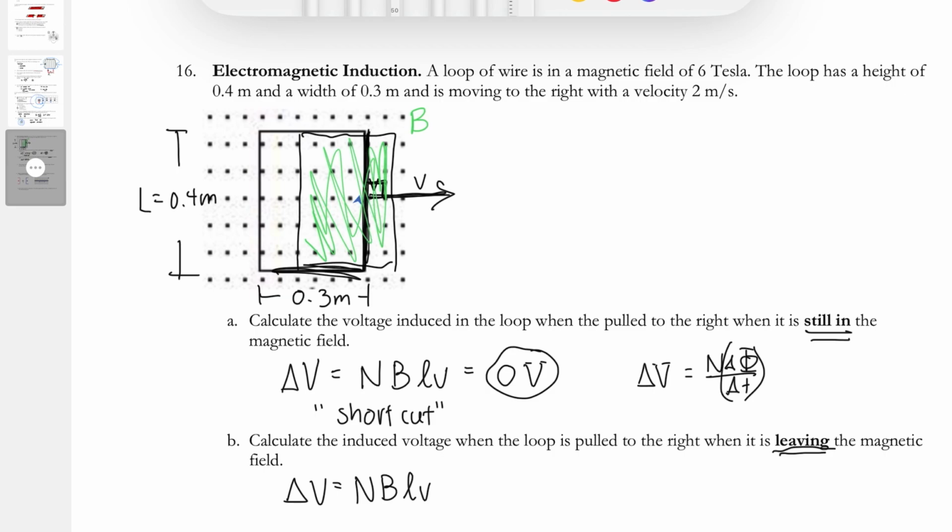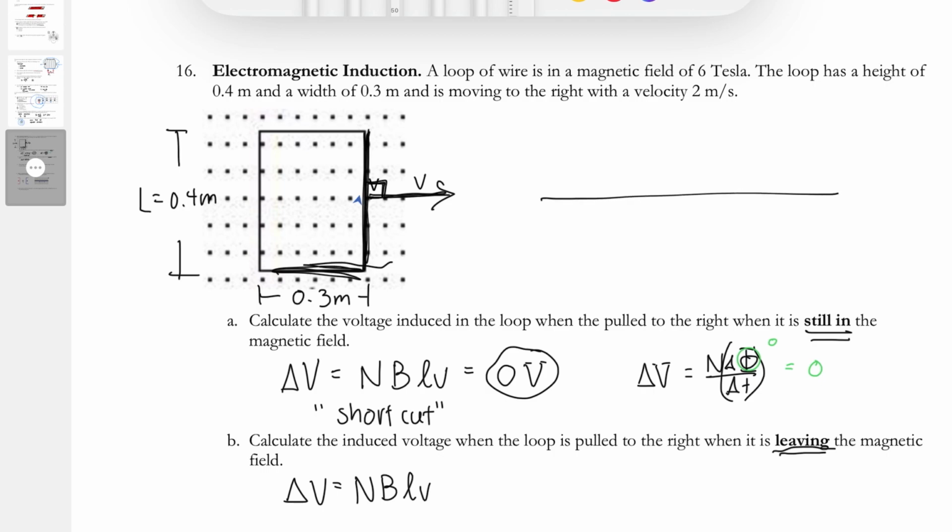When we do that, delta flux is 0. There's no change in flux. And 0 times anything is 0. Hey, it's true while it's leaving the field.